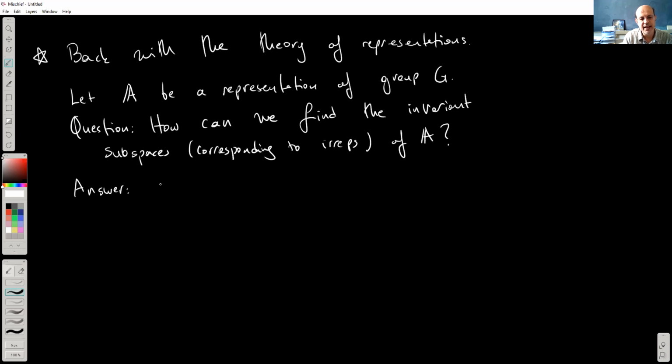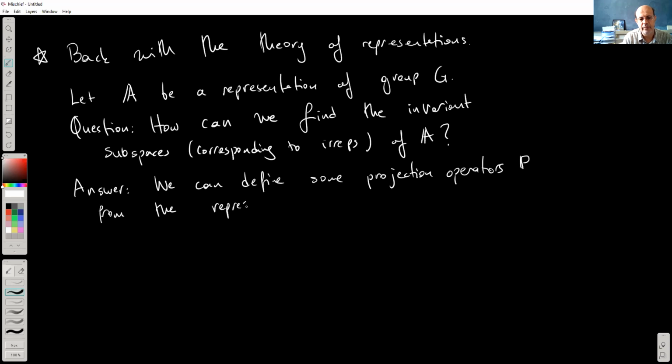Let's say it like this. We can define some projection operators. I'm just going to use this letter P, let's say from the representation matrices, let's say A of G. Okay, let me write it down like that.